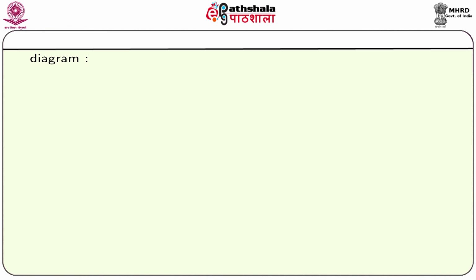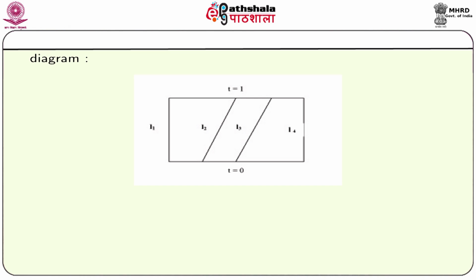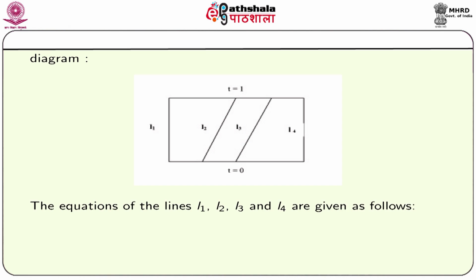For constructing a path homotopy, we consider this rectangle. Now, if I take the horizontal line on the bottom as t equal to 0 and the horizontal line on the top as t equal to 1, and take the other coordinate as the coordinate s, then we get the lines L1, L2, L3 and L4 which will have these equations.